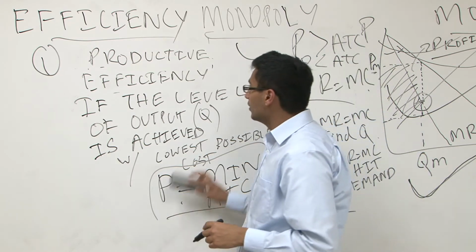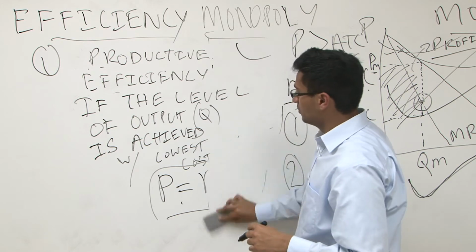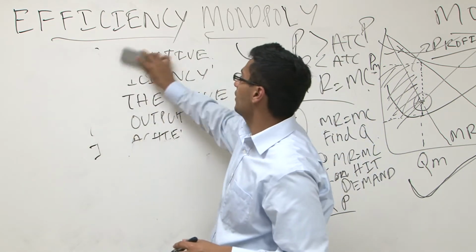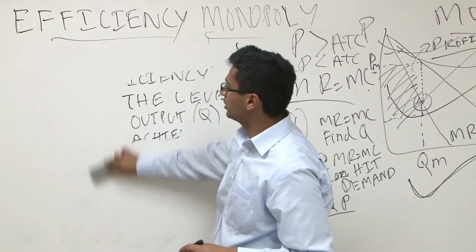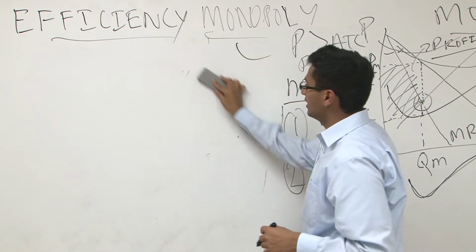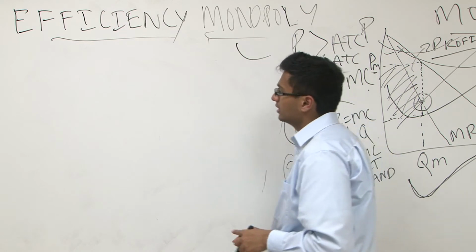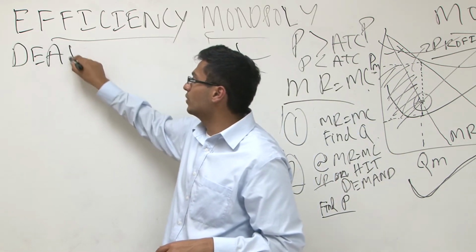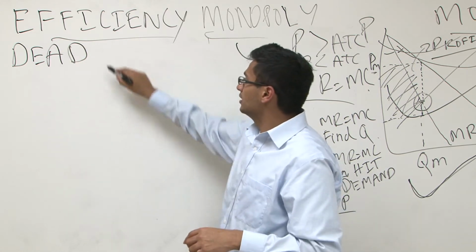Well, coming back to a monopoly, if I go ahead and erase this, I want to draw you guys a graph, because we're going to talk about a term called deadweight loss. I'm going to show you this graphically because that's the best way of showing it.